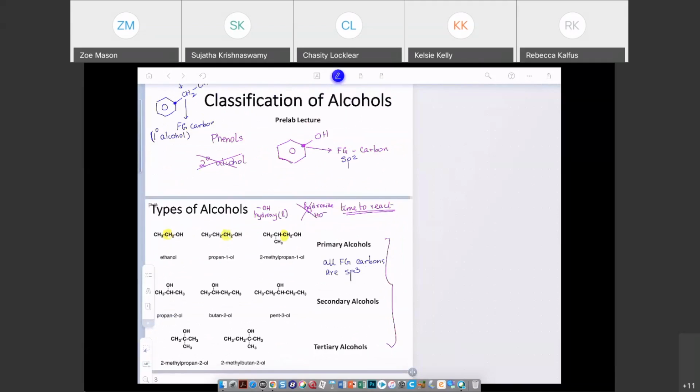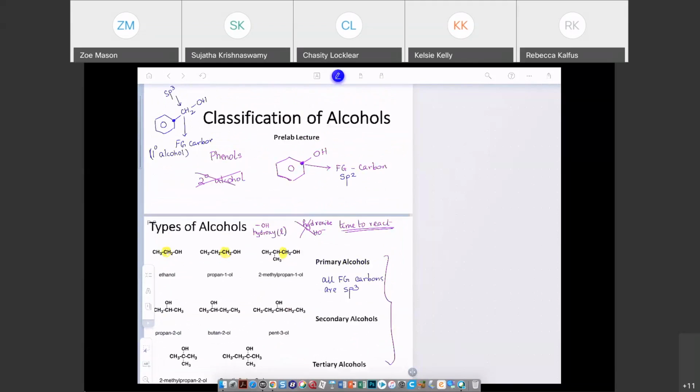As soon as it becomes sp2 hybridized and part of a ring, the chemistry changes. Phenol shows some of the reactions of alcohols, but not all. Because of its unique structure, it has its own characterization test, so when we come to the test, I'll point that out.